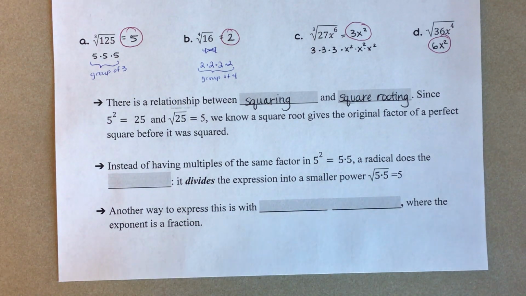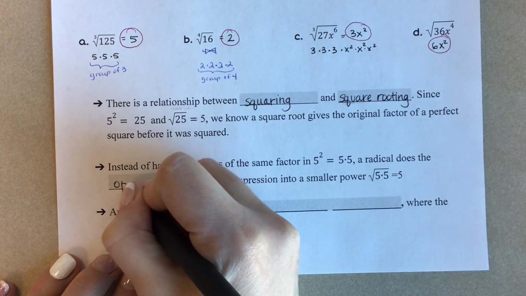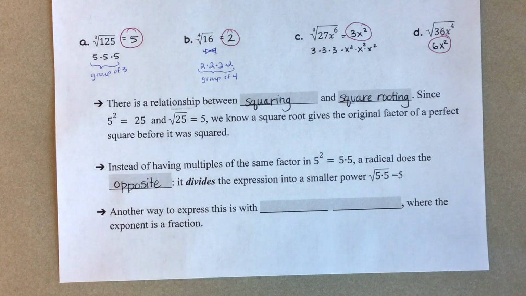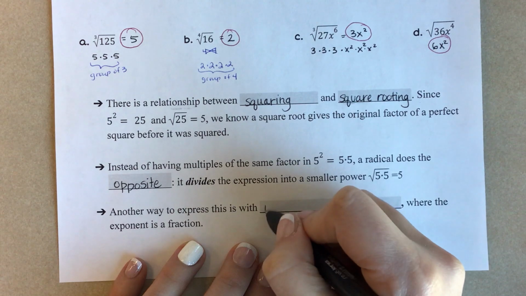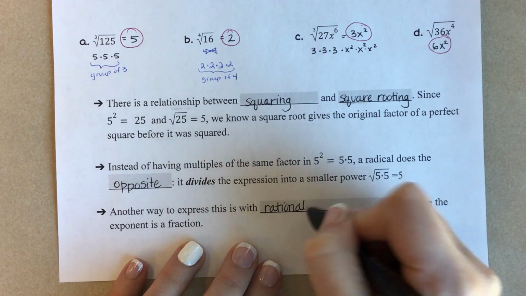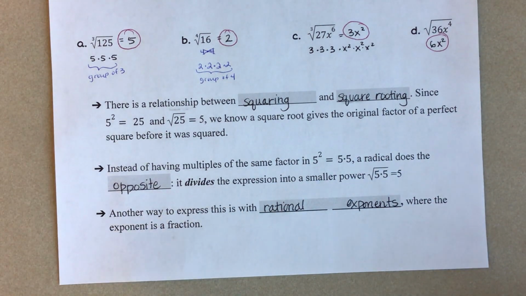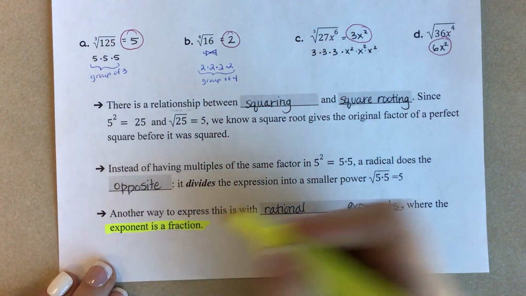So instead of having multiples of the same factor, like 5 squared is 5 times 5, or 5 to the 5th is 5 times 5 times 5 times 5 times 5, a radical does the opposite. It divides the expression into a smaller power. So another way to express that is with rational exponents, and rational exponents are just fraction exponents, where the exponent is a fraction.